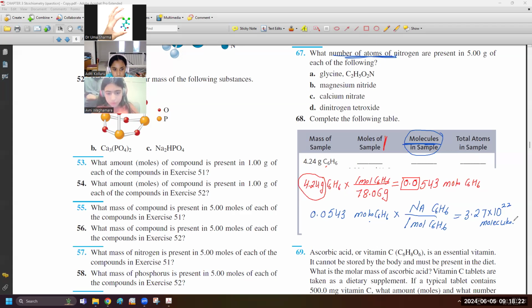Go for 3 significant figures. 3.27 times 10 raised to 22 molecules.